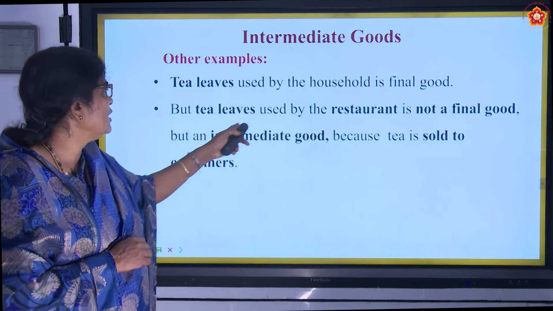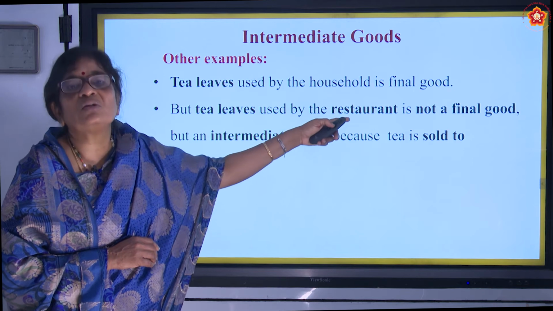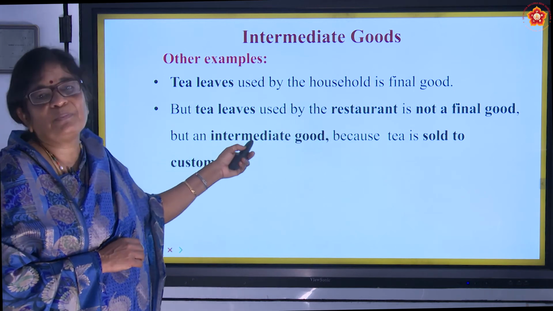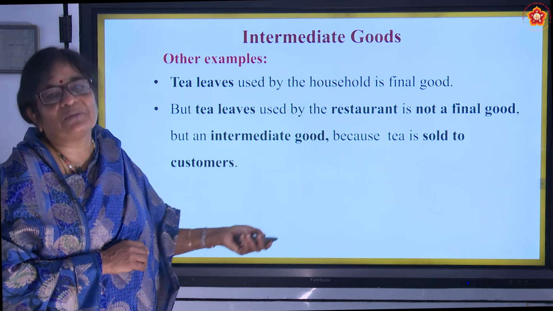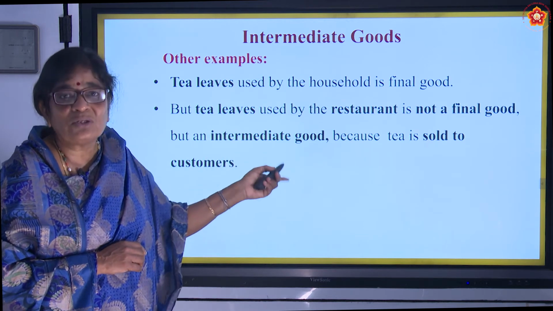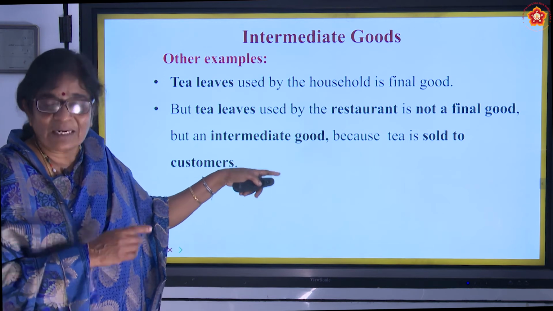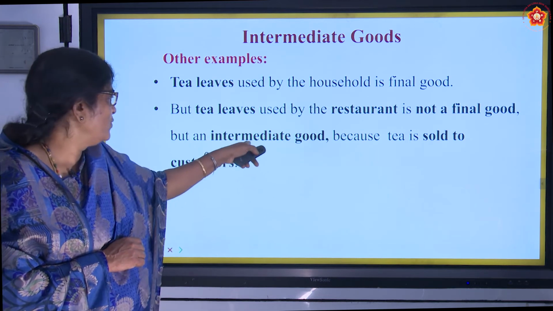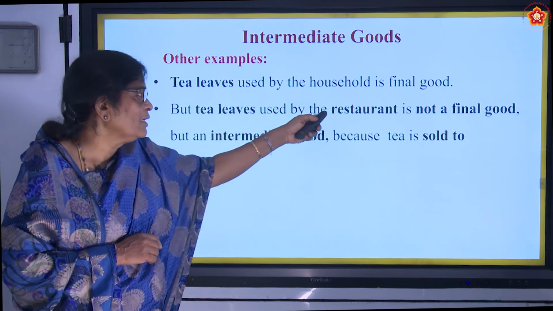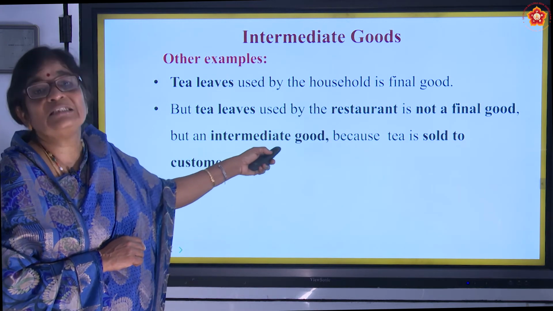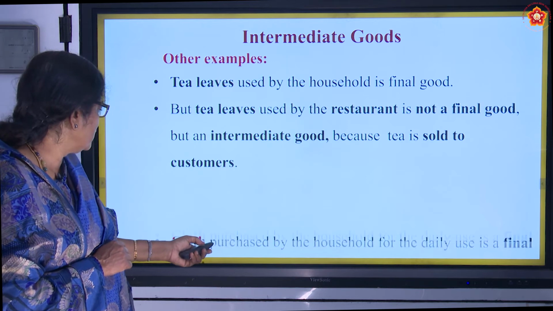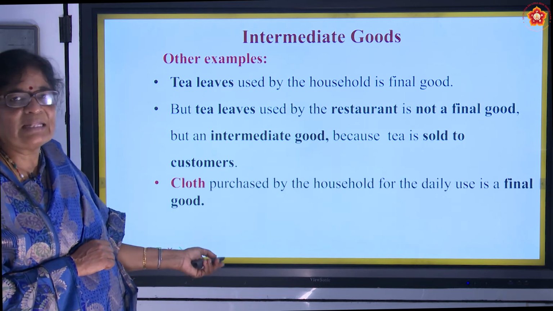But tea leaves bought by a restaurant owner are not a final good, because he is going to make tea to sell to other customers. Therefore, there is a continuation of economic flow. Money is earned again and again. Therefore, tea leaves bought by a restaurant are not a final good. They are called an intermediate good. I hope you understood the difference between final good and intermediate good.